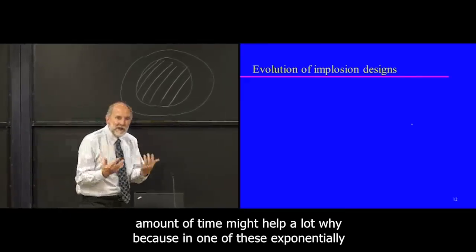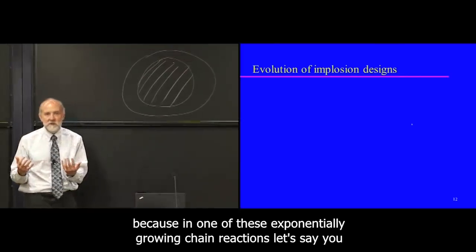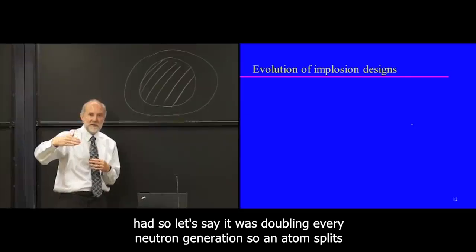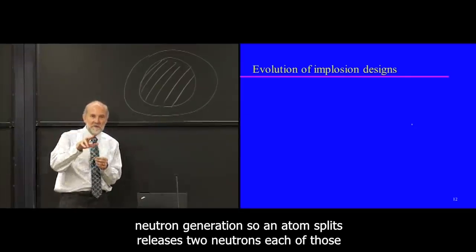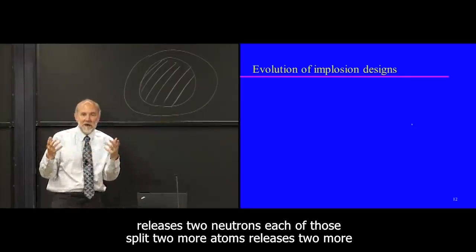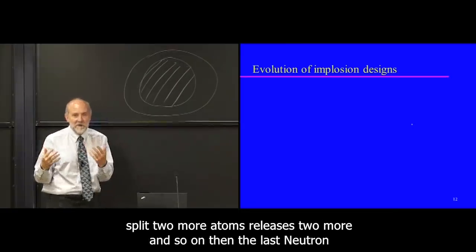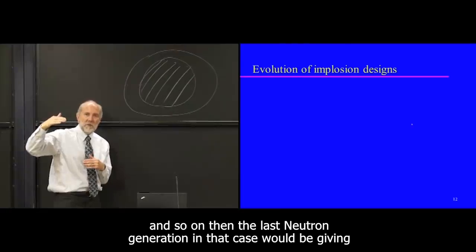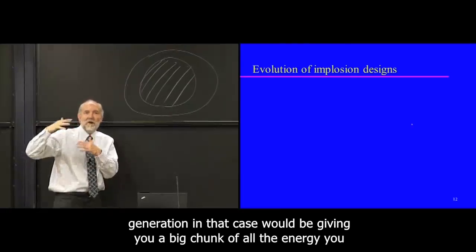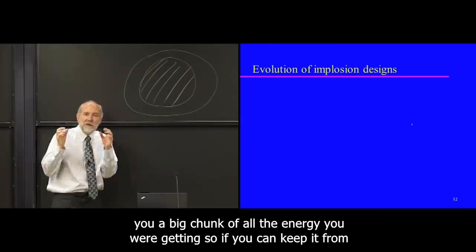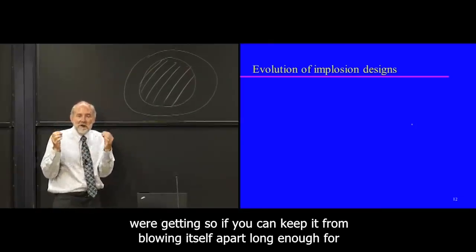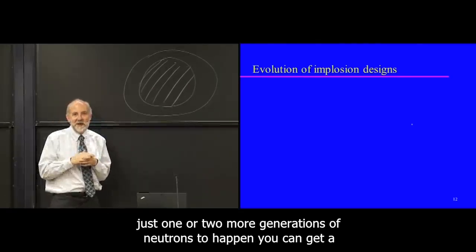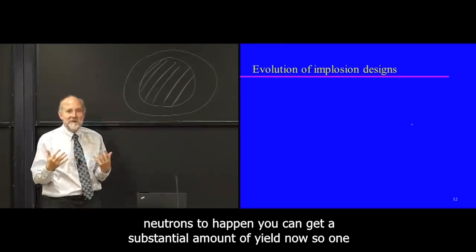Because in one of these exponentially growing chain reactions, let's say it was doubling every neutron generation, an atom splits, releases 2 neutrons, each of those split 2 more atoms, releases 2 more, and so on. Then the last neutron generation, in that case, would be giving you a big chunk of all the energy you were getting. So if you can keep it from blowing itself apart long enough for just 1 or 2 more generations of neutrons to happen, you can get a substantial amount of yield.